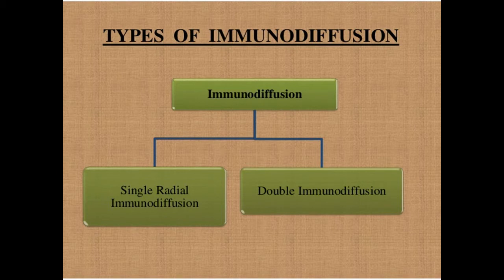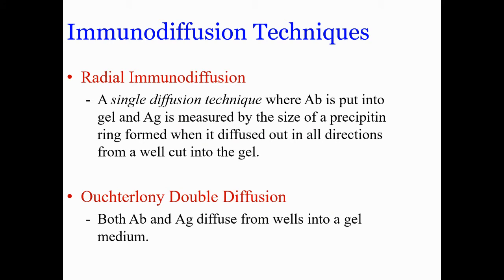Double immunodiffusion in one dimension is the Oakley-Fulthorpe procedure. And double diffusion in two dimensions is called Ouchterlony double immunodiffusion. So single diffusion in two dimensions is nothing but radial immunodiffusion.